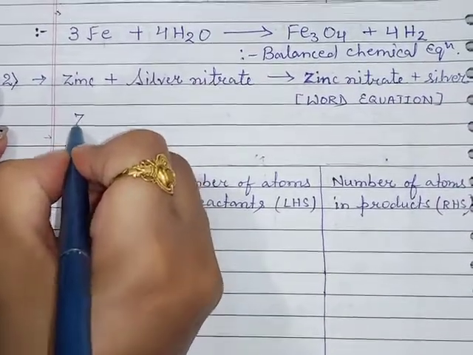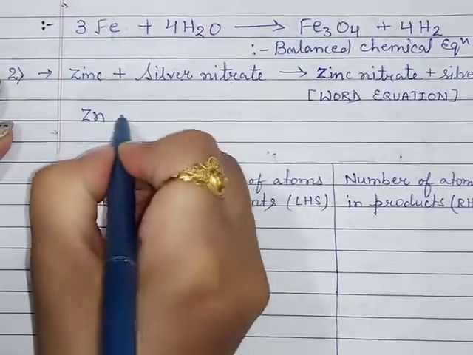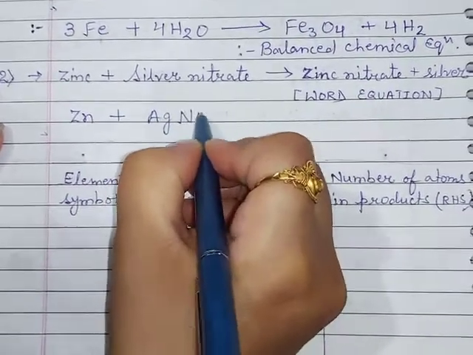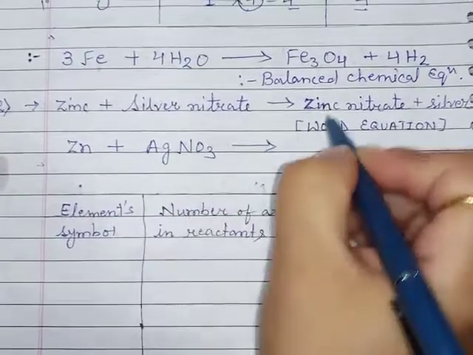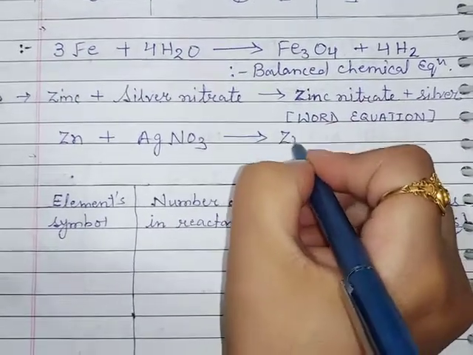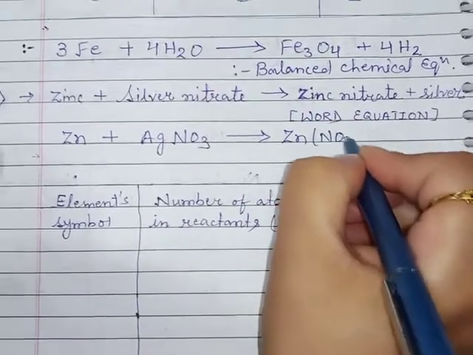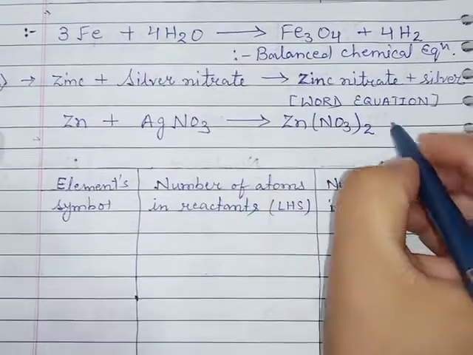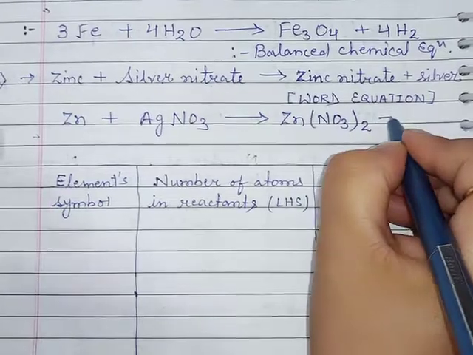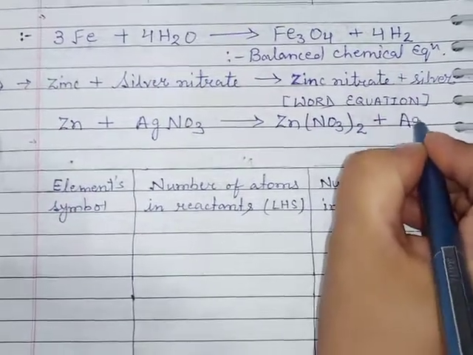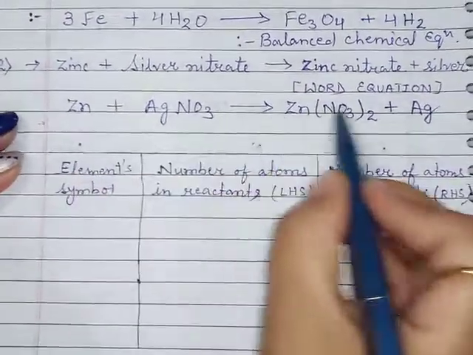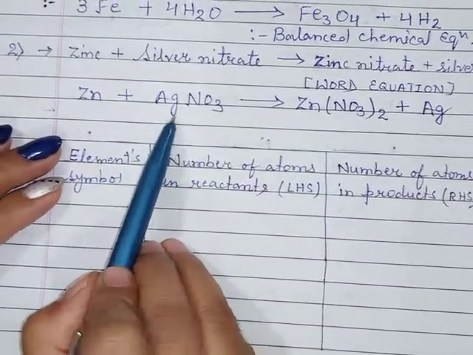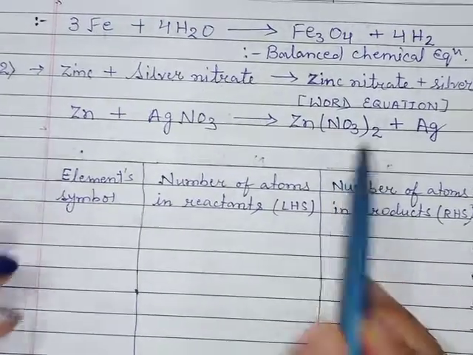We write it in symbolic notation: zinc, that is Zn; silver nitrate, Ag for silver and NO3 for nitrate; zinc nitrate Zn(NO3) whole twice, because the valency of zinc is 2 and nitrate is 1; and silver. This is our skeletal equation because the number of atoms of the elements on both sides is not the same.